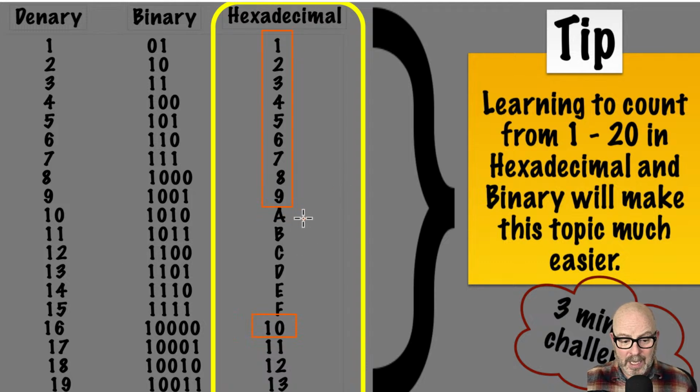And then it's gone A, which is 10, and then B, which is 11, C, which is 12, D, which is 13, E, which is 14, and F, which is 15. So once it goes to 10, it's got 1 sixteen and no units. So that's 16. 1, 1 is 17. 1, 2 is 18. Again, it's odd, it's weird, it's strange because we don't use it. But it's just another counting system.